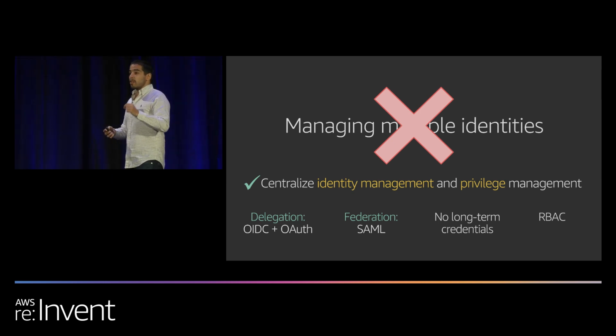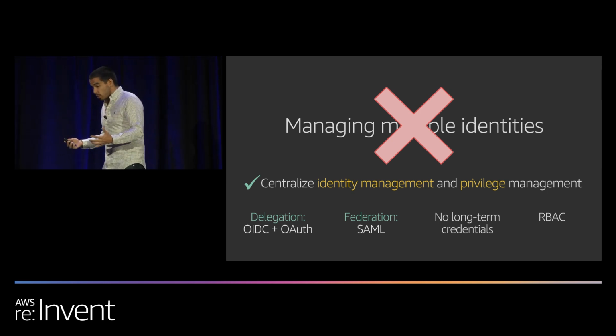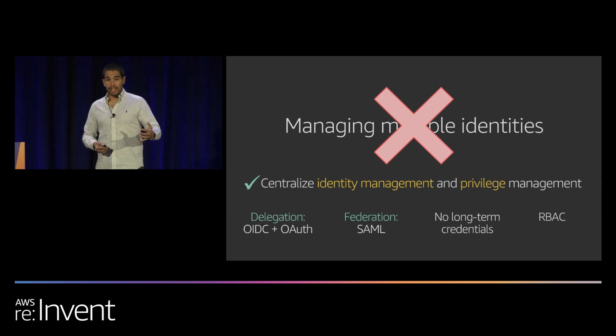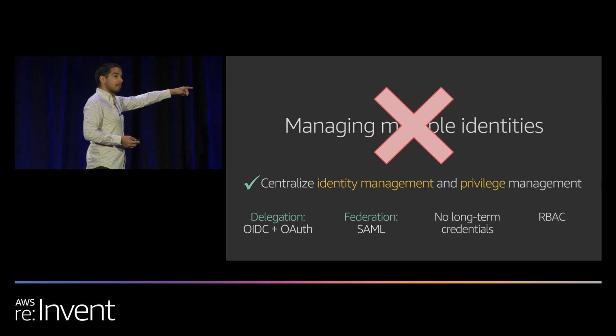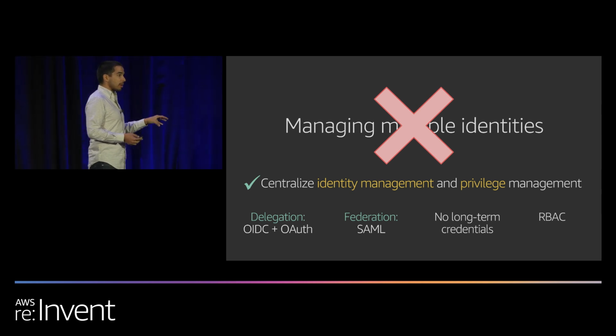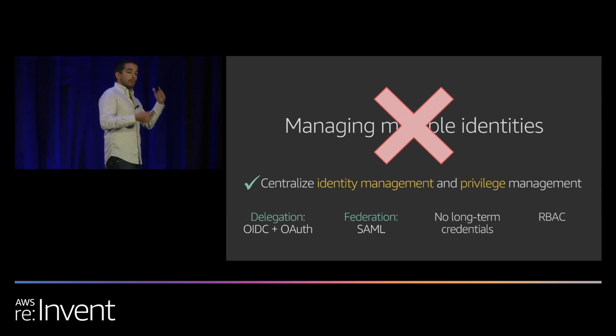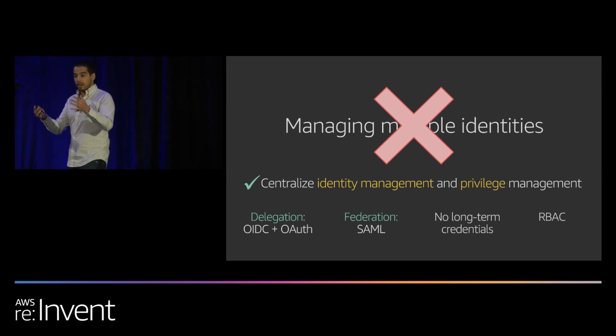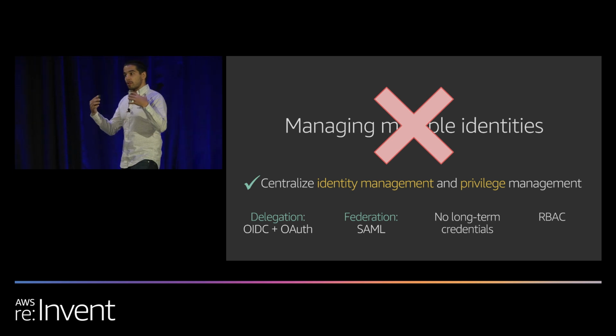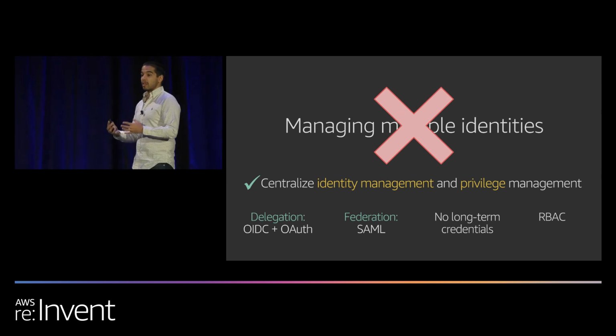Now, if your users are stored in another identity provider that is OpenID compatible, you can delegate them into Cognito so that you can have them locally in your app. If you have an enterprise directory, such as Microsoft AD, you can federate those, and still, it will seem to your serverless applications as one identity for that particular user.